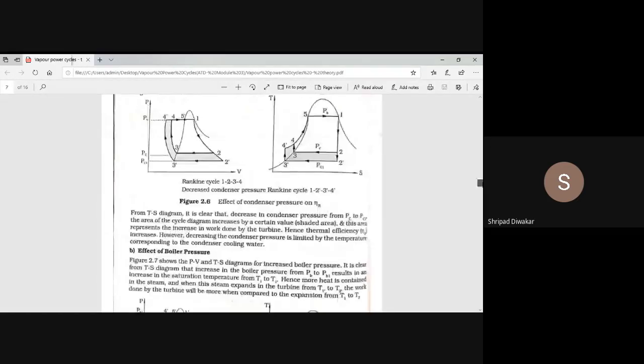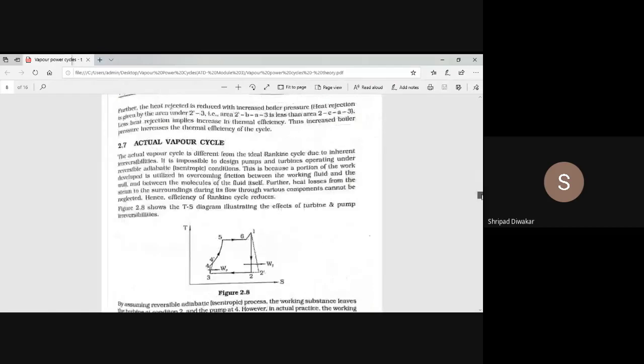But in the case of the actual Rankine cycle, that is called the actual vapour power cycle. You see the diagram. Whatever I explained till now is of the ideal cycle. Now in the actual cycle there will be some deviation from 1 to 2, to 1 to 2 dash.